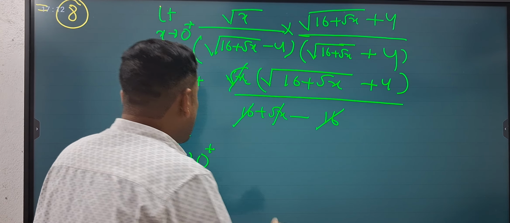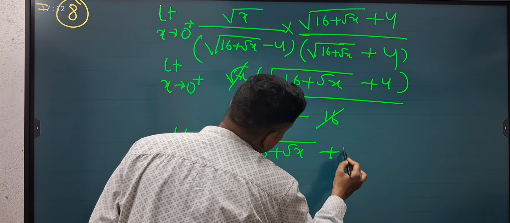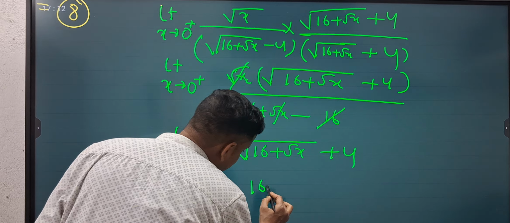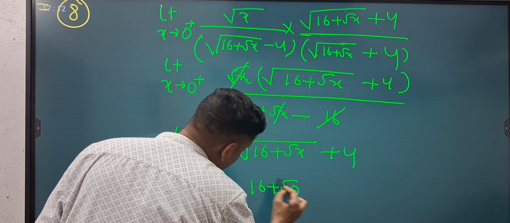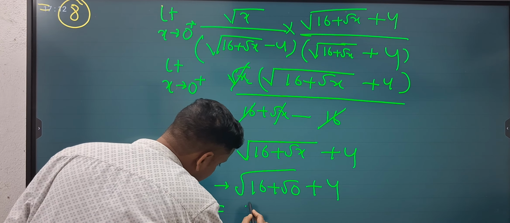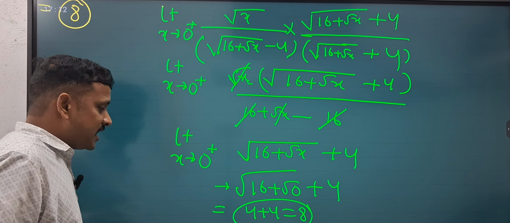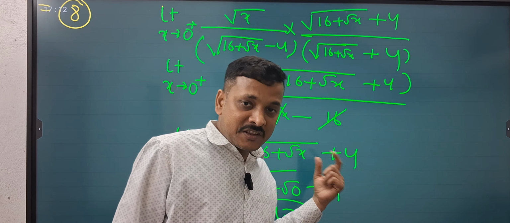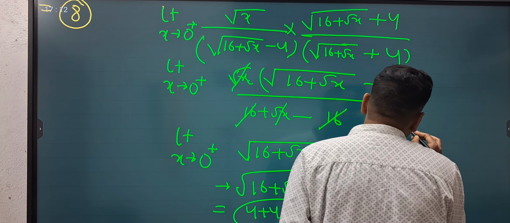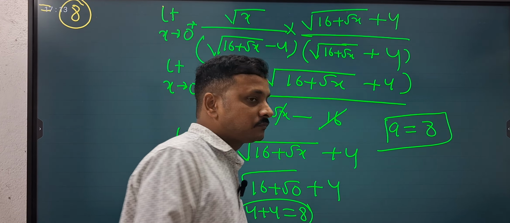In the denominator there is no other term, so you can write root of 16 plus root x plus 4. When you put the value in this function, you will get root of 16 plus root 0, plus 4. You will get root of 16 equals 4, and plus 4 equals 8. So LHL limit I got 8, RHL limit also 8, and functional value equals a. So what is the value of a? The value of a will be 8, and 8 is the right answer.